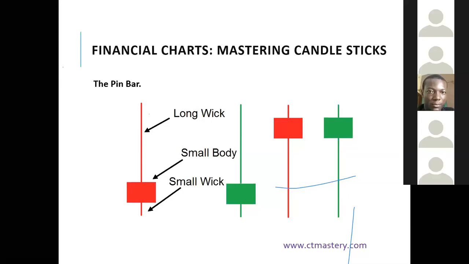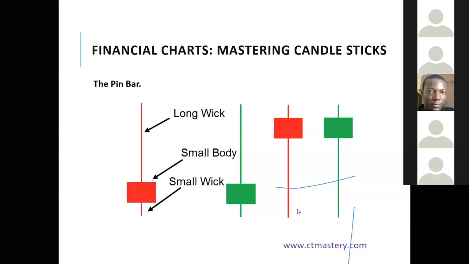That is the hammer, and the other one is the hanging man. So I just want to know which one is which. Okay, you want to know which is the hammer and which is the hanging man, right? When I called it pin bar, I said there are two types: the hammer and the shooting star.